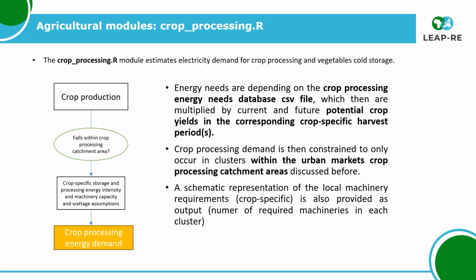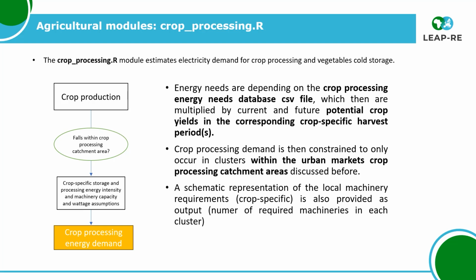The crop processing model itself then estimates, based on a database which was built up from literature research, that provides energy intensity for crop processing and cold storing certain types of crops.